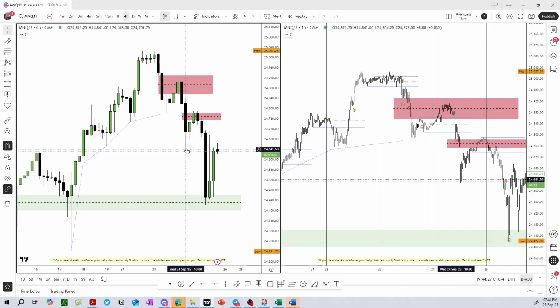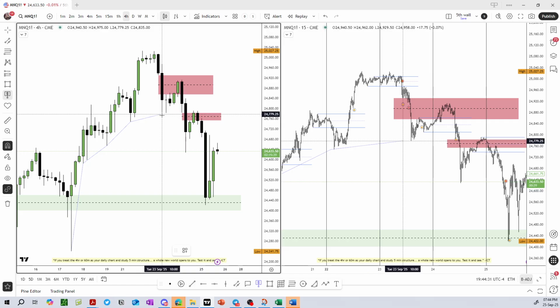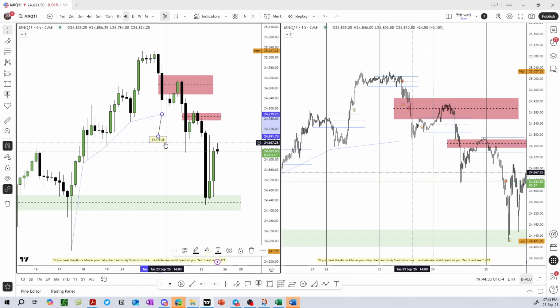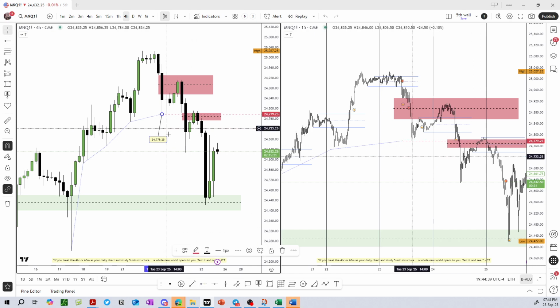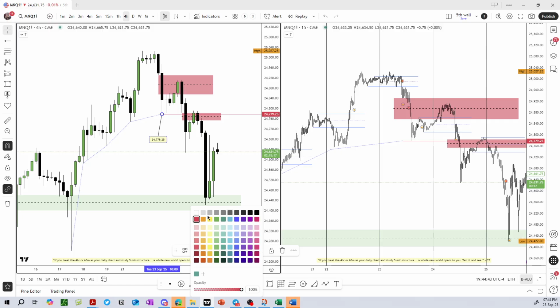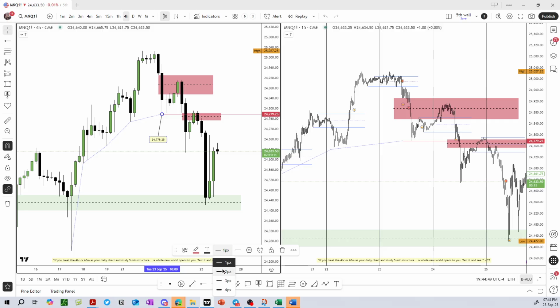This one is here. So we can, well, 24,7925, we can just shoot that across if you wanted to. But that's a key level, and that's a swing low, so we keep that red. Let's thicken that up a lot, so we can't miss it.